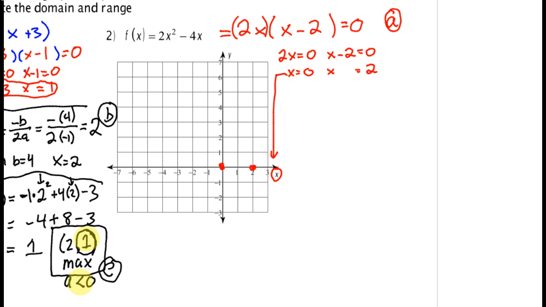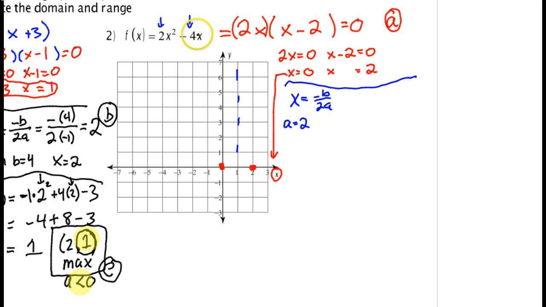Axis of symmetry, vertex. Part B, we can already tell that the axis of symmetry is at 1, because it's always in the middle. The middle of 0 and 2 is 1. But we can verify that with negative b over 2a. A equals 2.